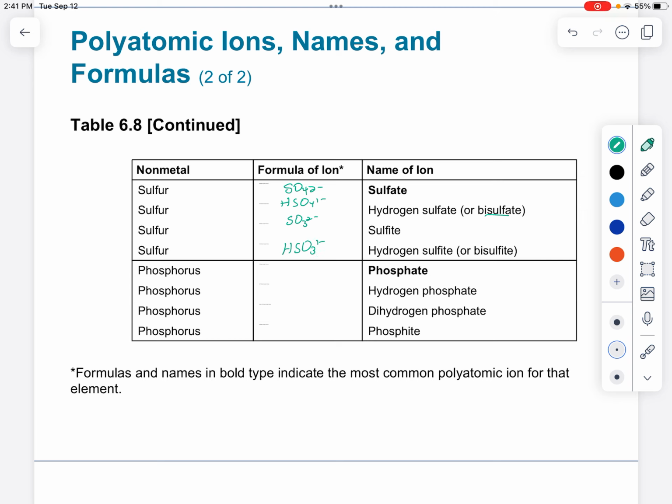Phosphate, PO4 3-, hydrogen phosphate or biphosphate, HPO4 2-, dihydrogen phosphate, H2PO4 1-, and phosphite, PO3 3-. On this page, the ones that you want to know are sulfate and phosphate.